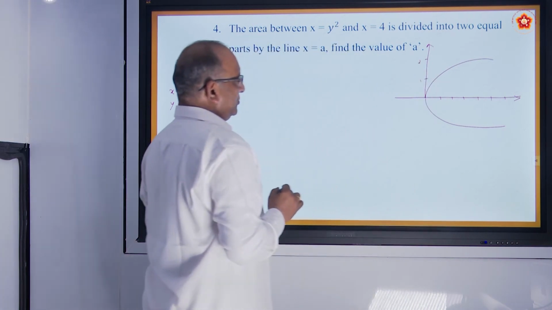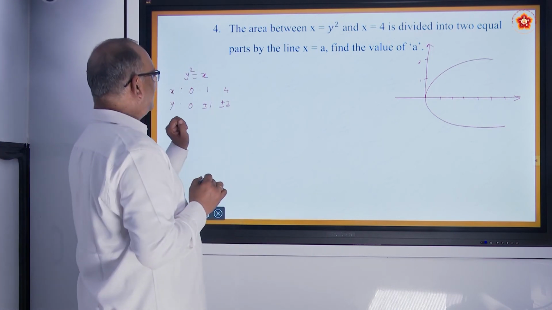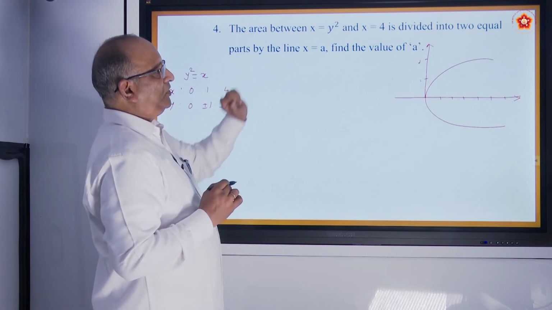So here is the parabola, we have drawn it, and then x equal to 4.